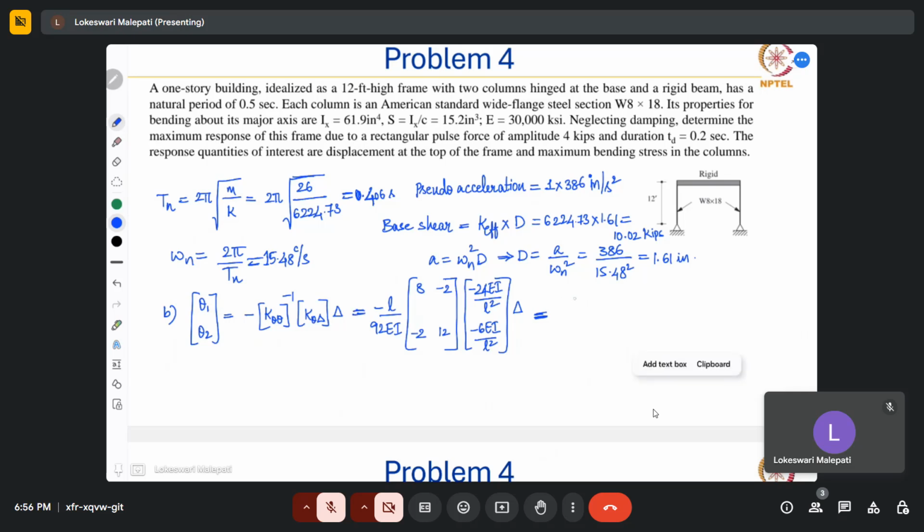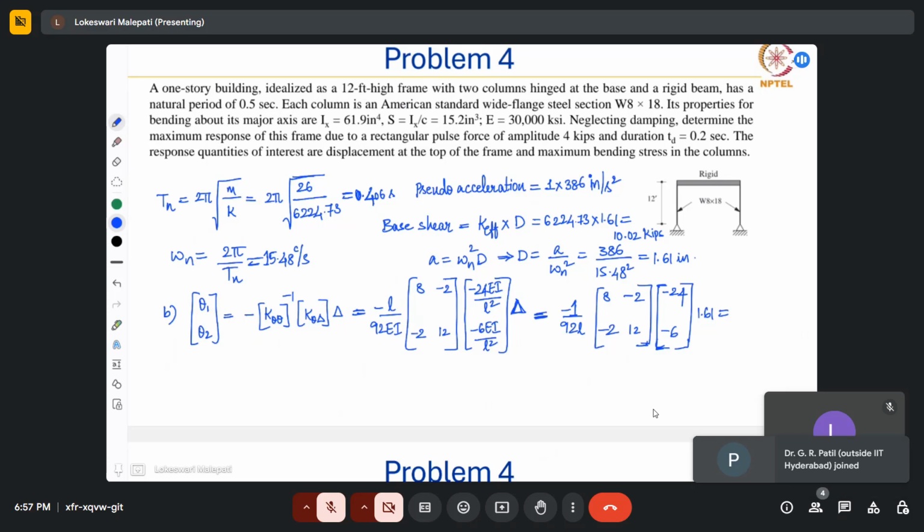So we have minus 1 by 92 L, 8 minus 2 minus 2 12 and minus 24 and minus 6, multiplied by 1.61. So evaluate this.